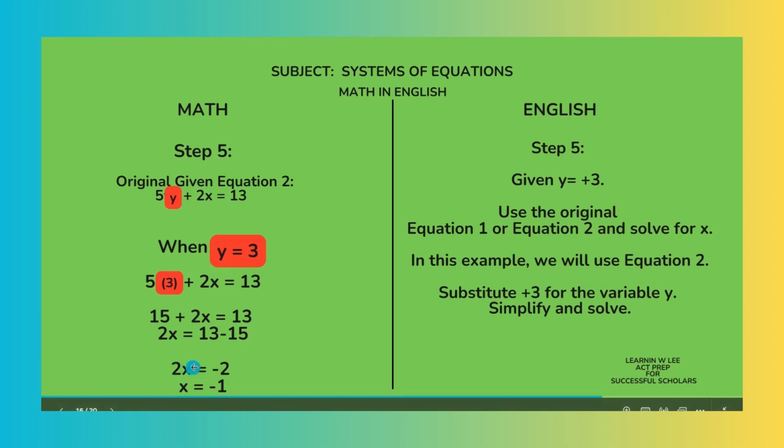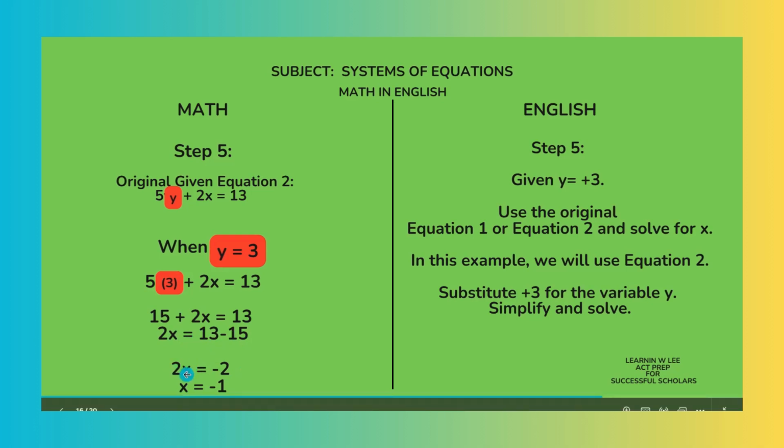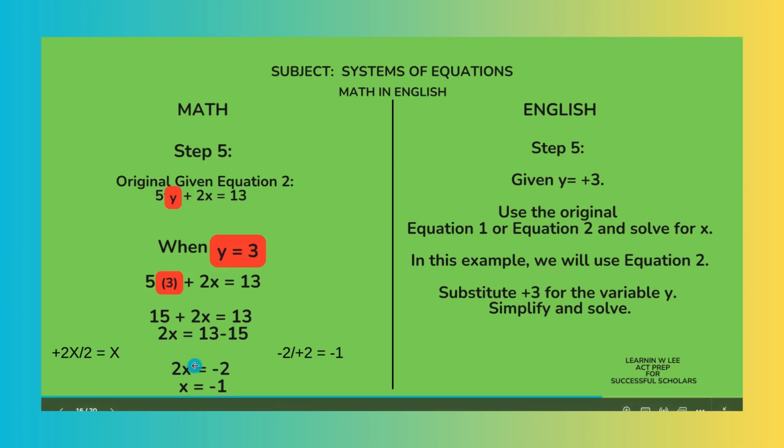And 2 times x is multiplication, so the inverse operation is division. So I divided 2x by a positive 2, and a negative 2 divided by a positive 2 will give you a negative 1.